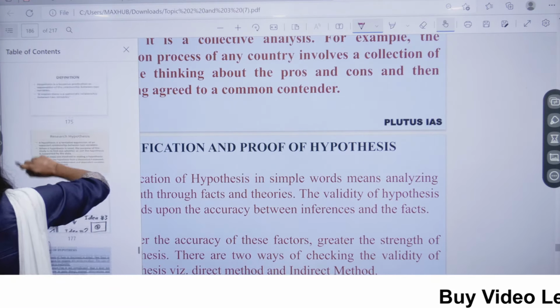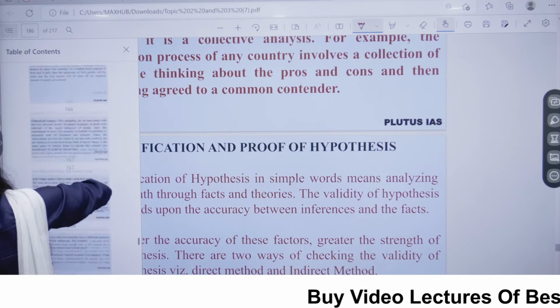Whatever we have found, is it correct or not?